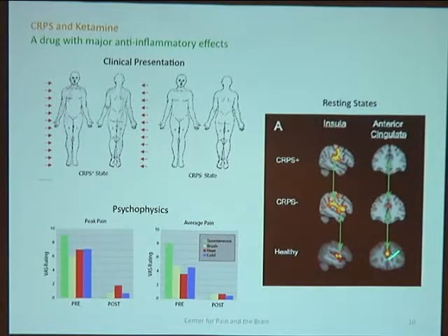And so we did, unknown to the patients, they had a whole lot of stimuli, etc., but the thing that struck us was when we did resting states, where the patients just lie there. There's no information given to them. They lie in the scanner. We show, amongst other things, changes in essentially the CRPS positive painful state towards the normal healthy state in terms of how these circuits reconvolve, reconnect.